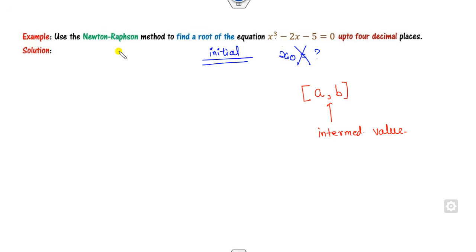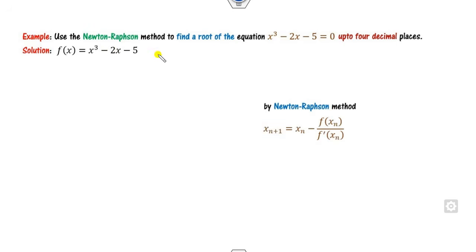For this function, if I consider this as my function f(x), then we can find the values. Say if I consider f(0), the value is minus 5, which is less than 0. Fine. So I need one more value, say f(1). What is f(1)? It is 1 minus 2 minus 5, which is again less than 0. We have to find two points such that they have opposite signs.